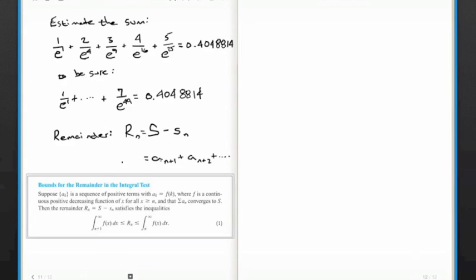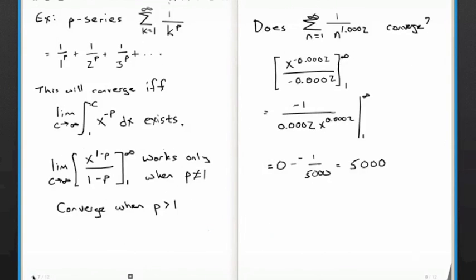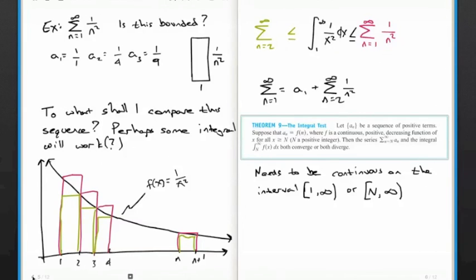So let's think about why that is. Why is our remainder going to be greater than the n plus 1 integral, but less than the n integral? Well, let's go way back to this picture. Here we go. Remember that with this n plus 1 thing, I shifted it over to get some green rectangles that are less than the integral. The green represented n plus 1.